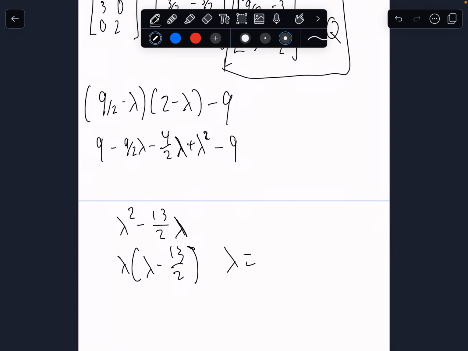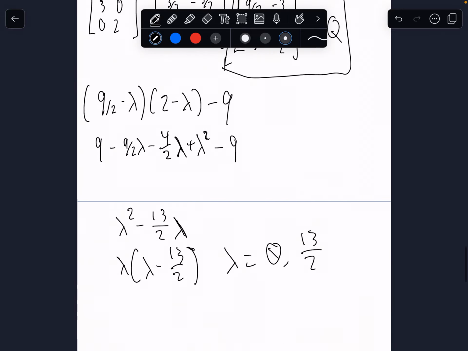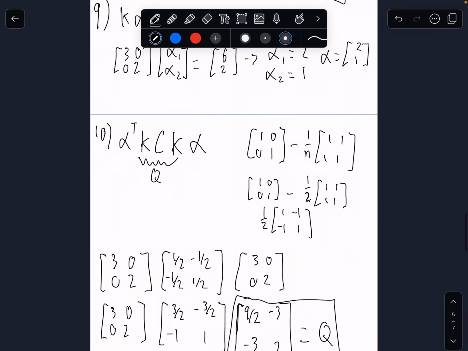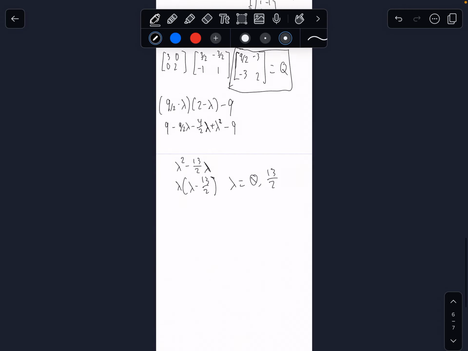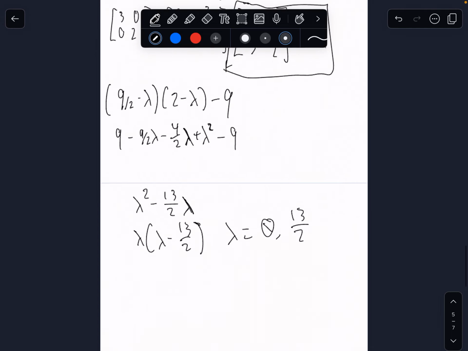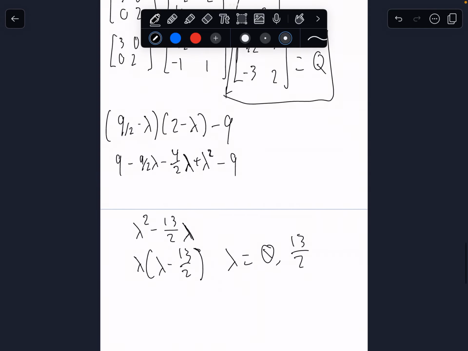So lambda equals 0, or 13/2. These are the two eigenvalues. And then we would plug these back in to get our eigenvectors. Okay. So then plug these back in.